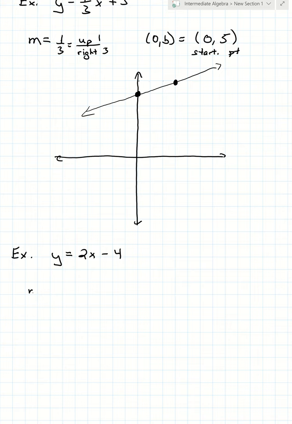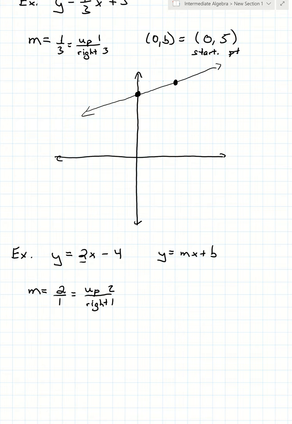We still need the slope. Once again, slope-intercept form is y equals mx plus b. And the slope is the number in front of the x. And even though it's just the whole number 2, I'm going to write it as the fraction 2 over 1, which means I have to move up 2 and to the right 1 unit.